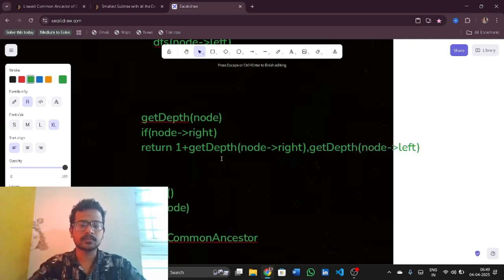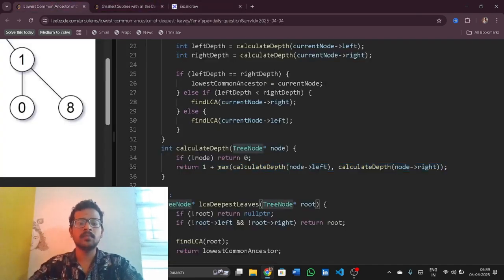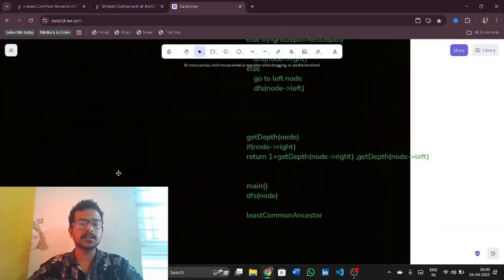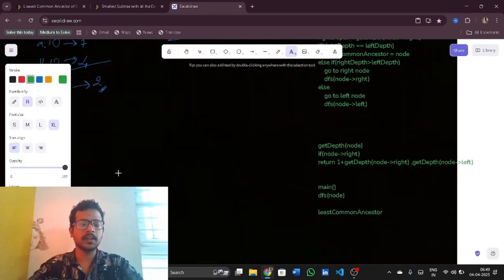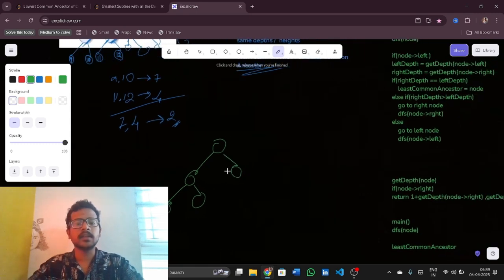This is the code for 1 plus the maximum of these two. Say this node has 2 on the left and 1 on the right.